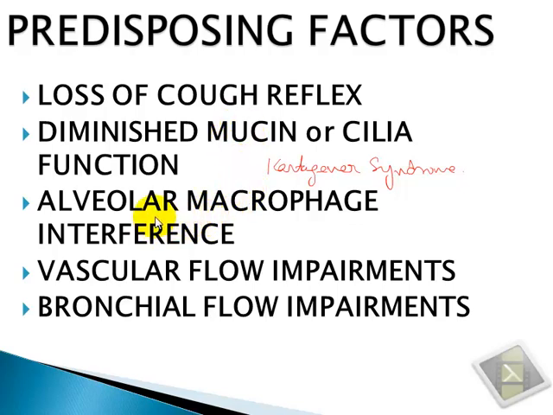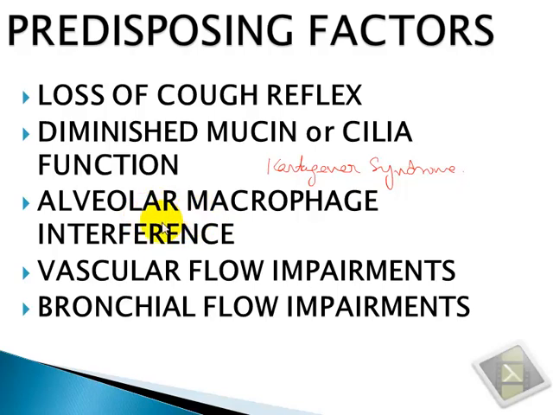Again, we have alveolar macrophage interference, which we have discussed earlier. Anything which goes wrong with the alveolar macrophages will predispose to pneumonia. I would like to mention here that lungs have their own macrophage system, called the alveolar macrophages.